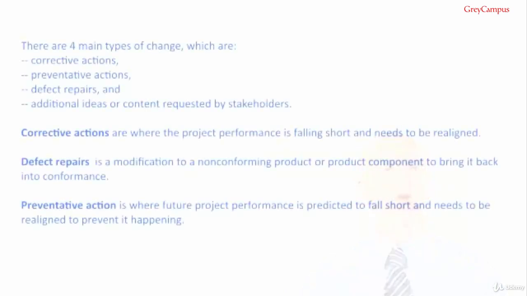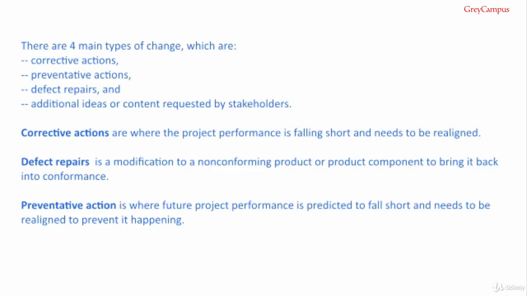Changes are something that catch a lot of people out. There are 4 main types of change, which are corrective actions, preventative actions, defect repairs, and additional ideas or content requests by stakeholders. Corrective actions are where the project performance is falling short and needs to be realigned. And a defect repair is a modification to a non-conforming product or product component to bring it back into conformance.